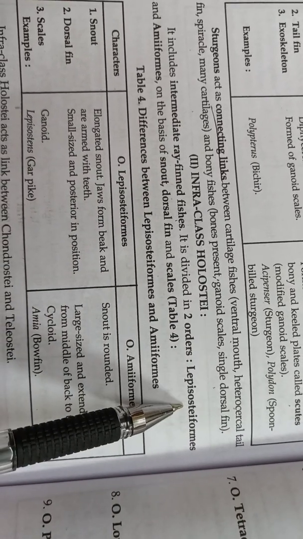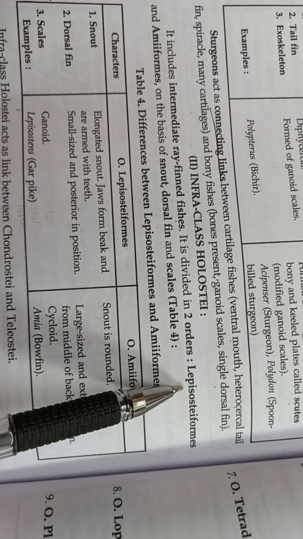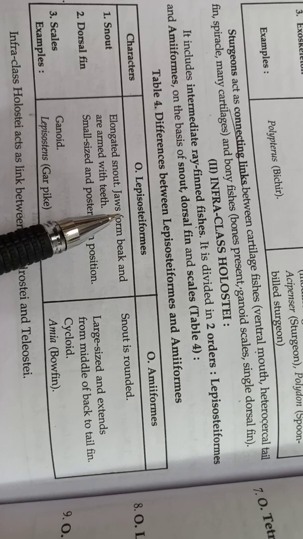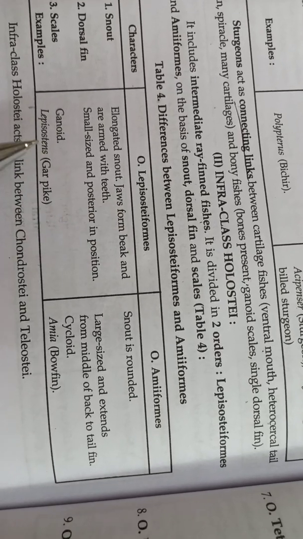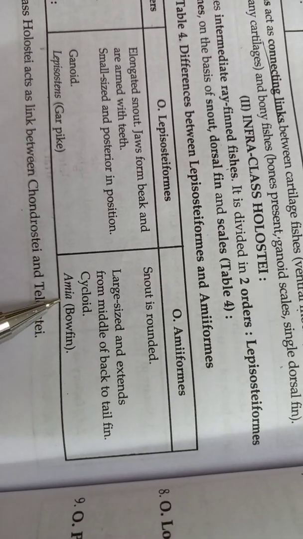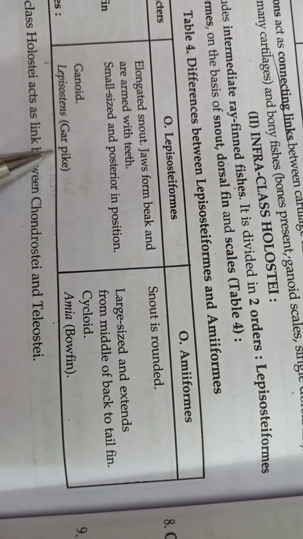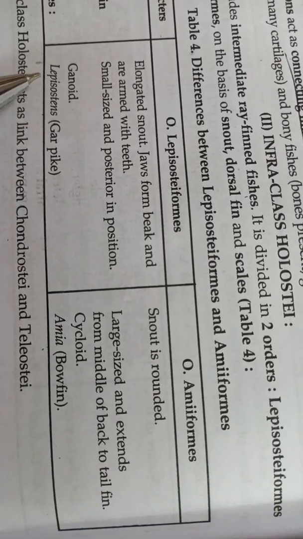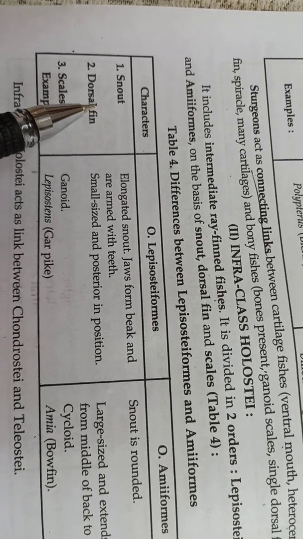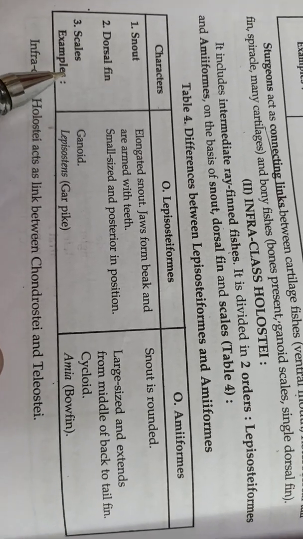Here we have two orders, Lepisosteiformes and Amiiformes. Lepisosteiformes example is Lepisosteus, sorry. And here we have Amiiformes, the example is Amia. Another name is gar pike also. Now this is based upon the snout, the dorsal fin, and the scales.